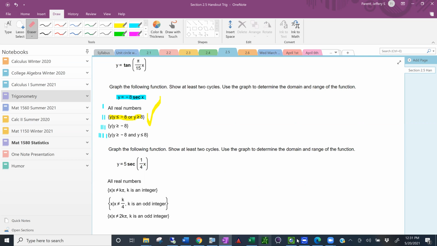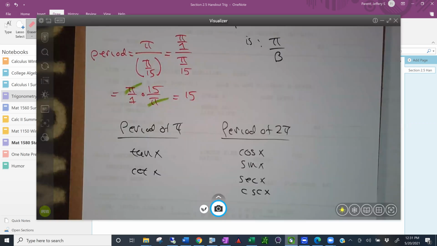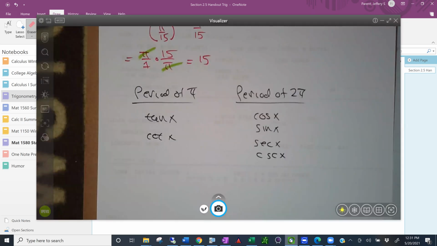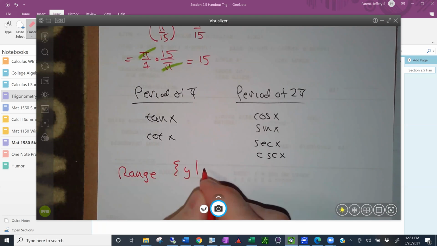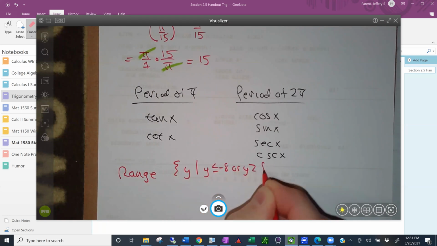So let's see here. So our range is going to be y is less than or equal to -8, or y is greater than or equal to 8.